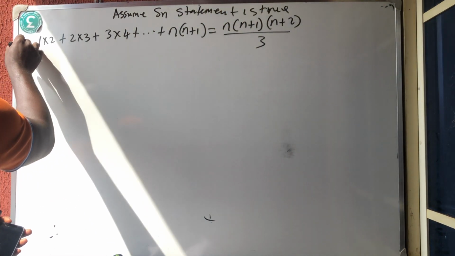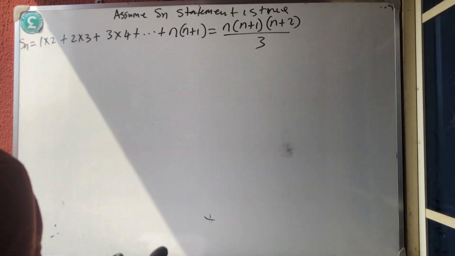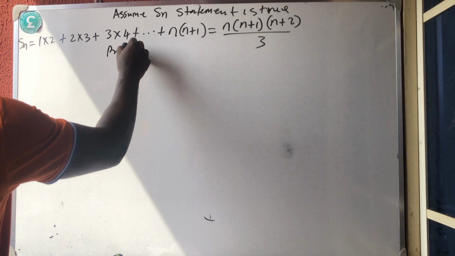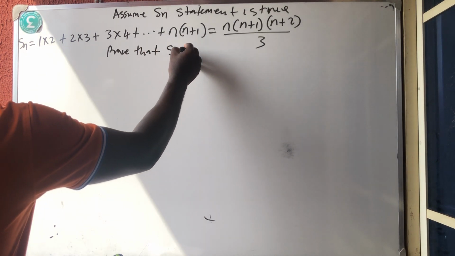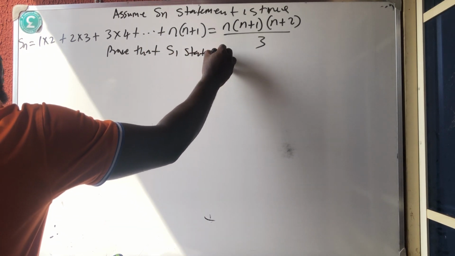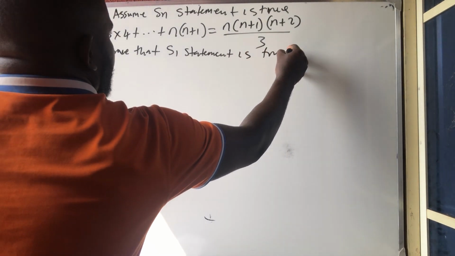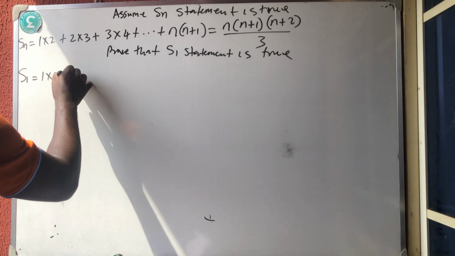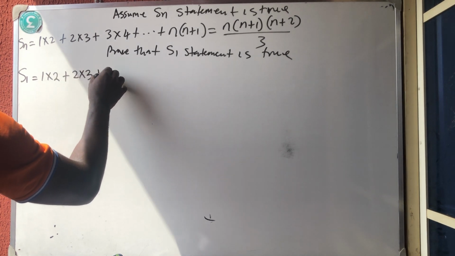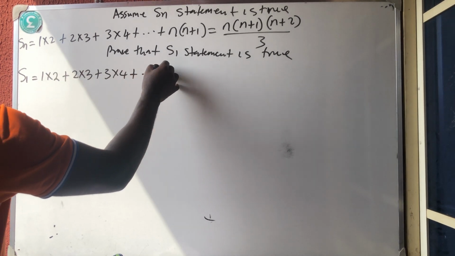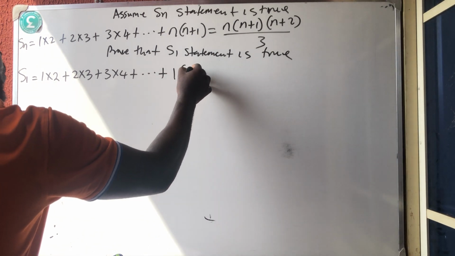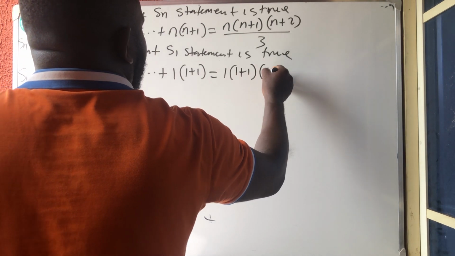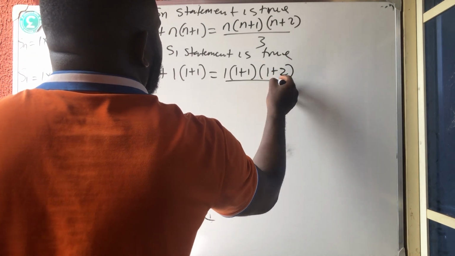You just say Sn is equal to, you write your question. You are done with that. The next one to do is to prove that S1 statement is true. So let us prove it, which means S1 is equal to 1 times 2 plus 2 times 3 plus 3 times 4 plus ... plus 1 bracket 1 plus 1 is equal to 1 bracket 1 plus 1 bracket 1 plus 2, everything over 3.